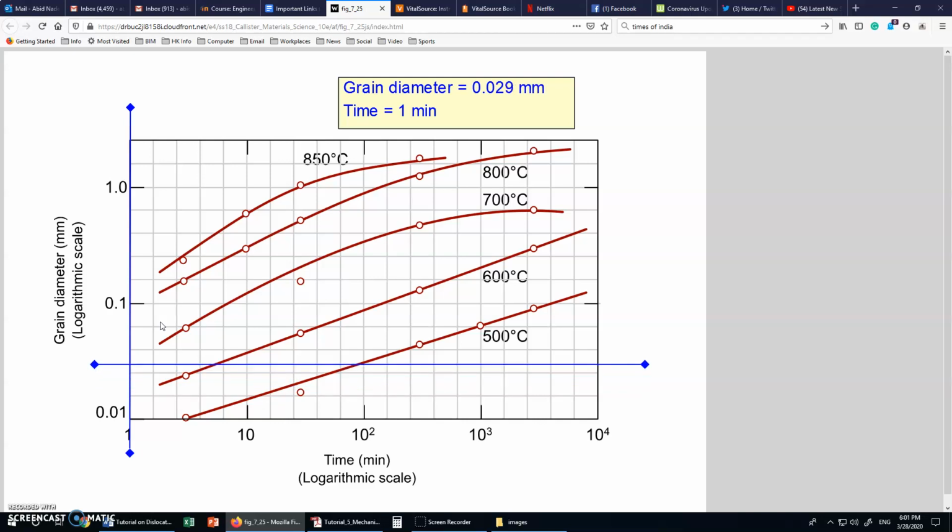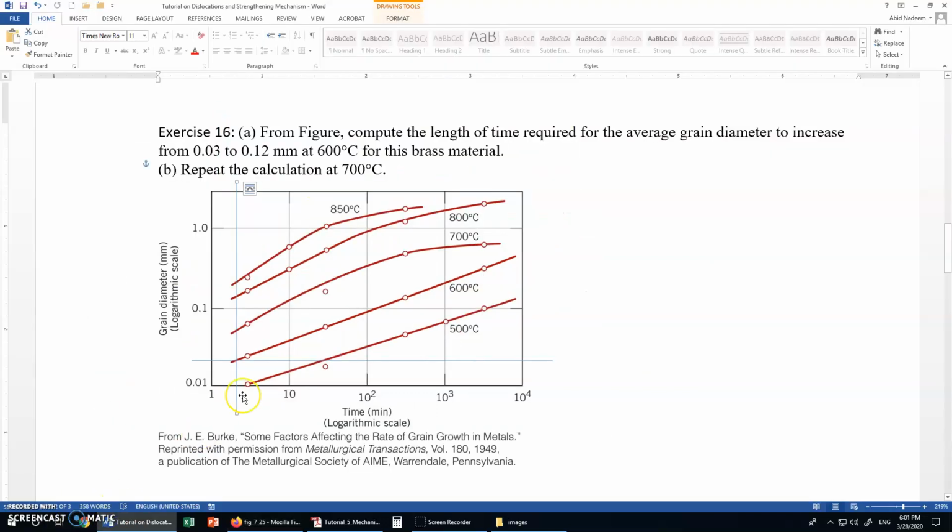Now it is showing me 0.03 millimeter here, and I can move this vertical line to here, and now it is showing me the time value of 5.62 minute.